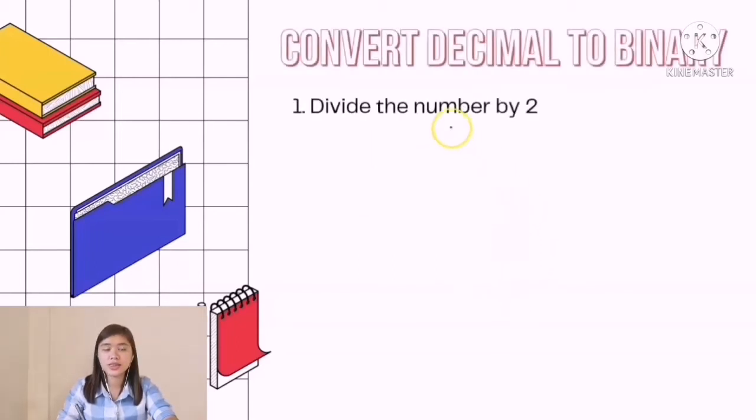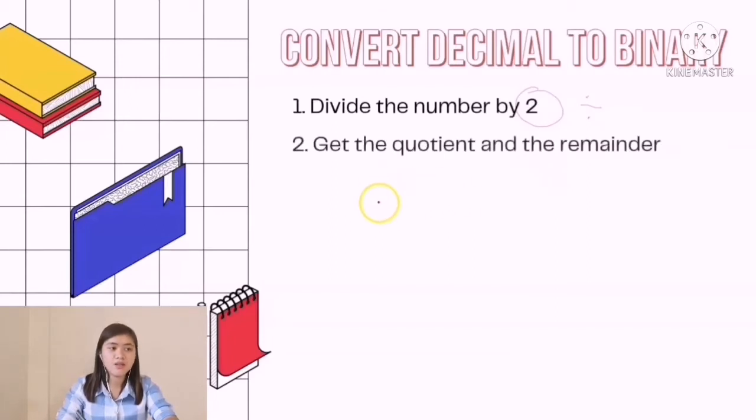Okay, moving on to the steps in converting decimal numbers to binary numbers, the first thing that we should remember is to divide the number by 2. So the operation that we are going to use is division, and there is a value given here, so we need to divide it by 2. For the second step, get the quotient and the remainder.